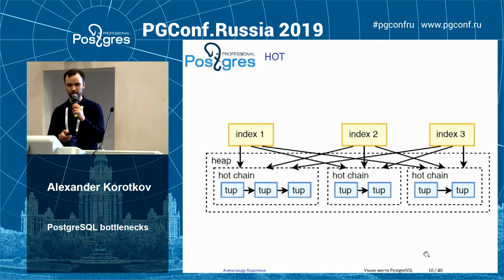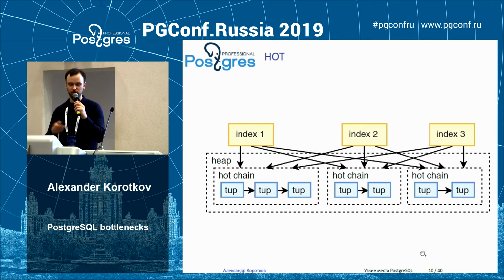Second thing, about HOT. In Postgres, tuples are stored in a heap, in a flat structure with links from indexes. If we don't have any indexed columns updated, then indexes need not be updated and only the heap will be updated.